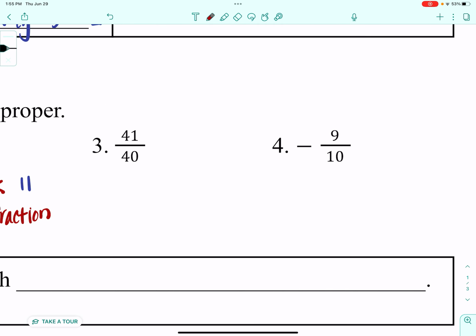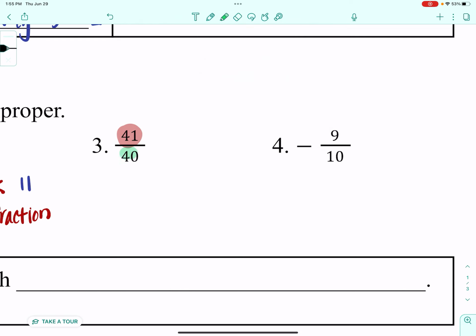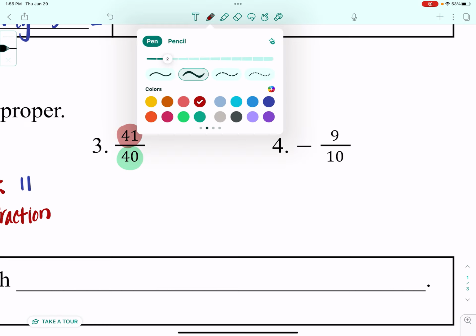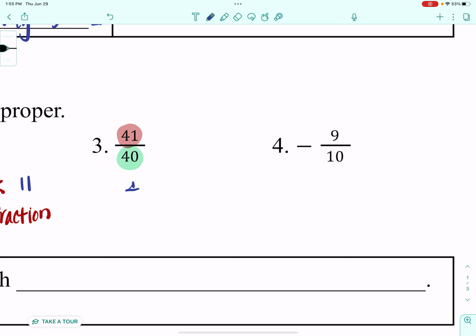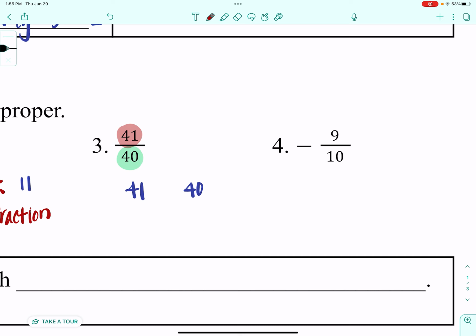We'll look at 2 more. Again, we're going to compare the numerator to the denominator. Our numerator is 41. Our denominator is 40. 41 is definitely greater than 40. Our numerator is larger, so that means we have an improper fraction.